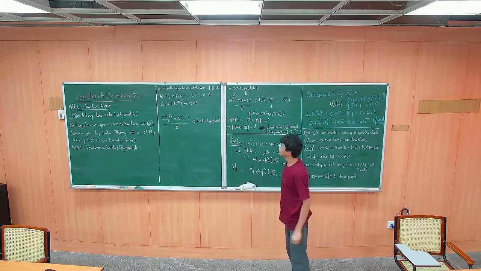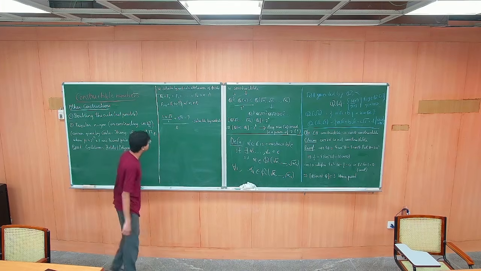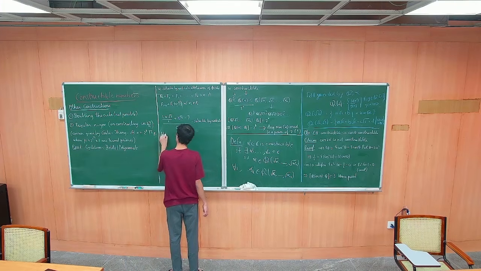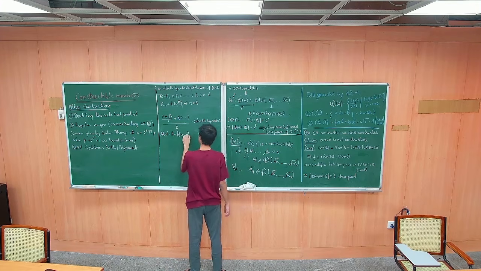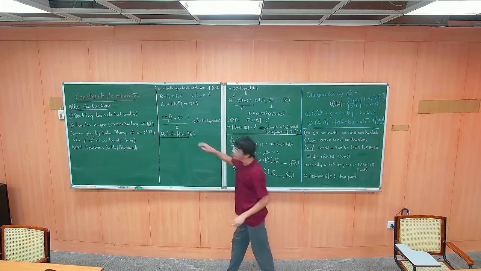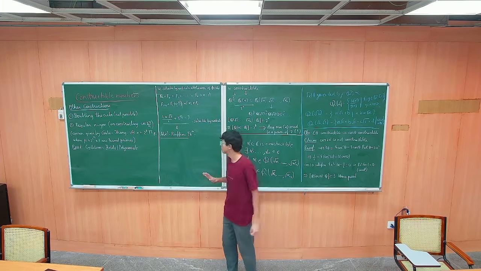Right. So well, I will finish here. So what does it mean for a polynomial not to be solvable by radicals? It means its roots are not solvable by radicals.